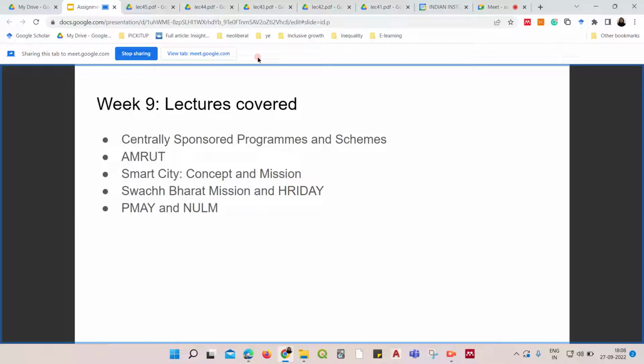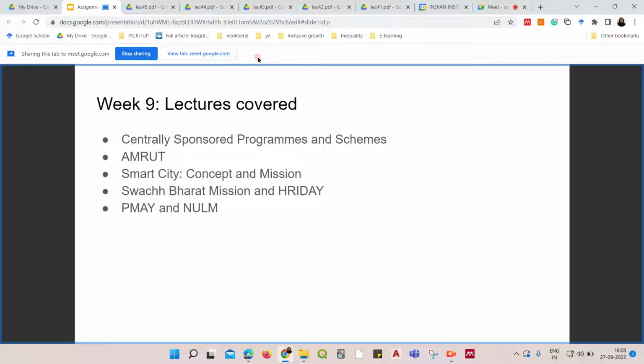And then you would have gotten a little bit of how Indian context of smart cities is there, what are the functions we consider important for smart cities, how we consider a city to be smart city.